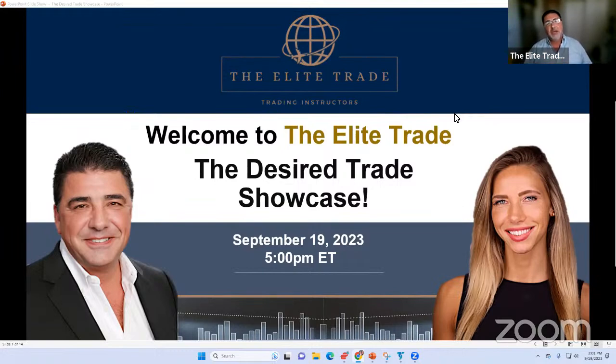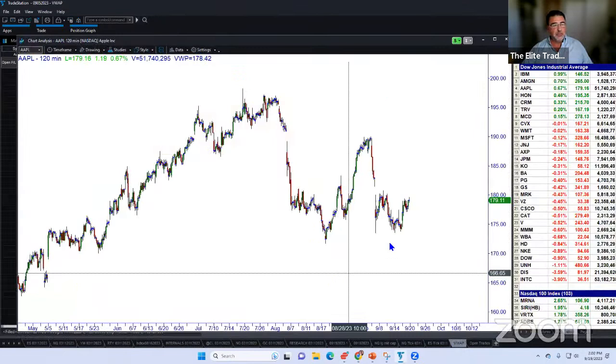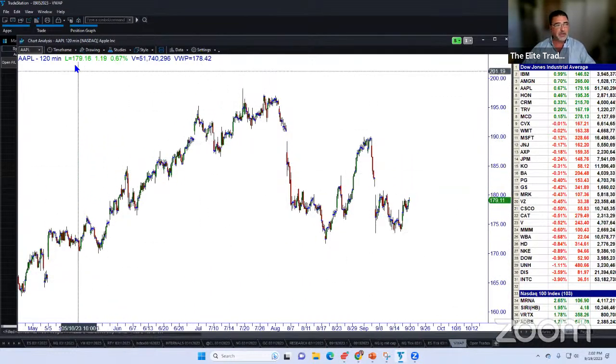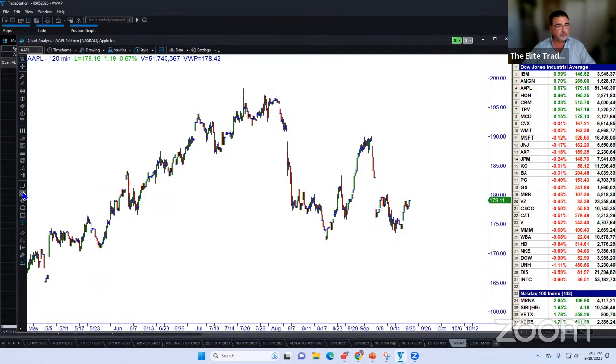Now, to understand what the desired trade is, let's take a look at some charts. I'll pull one up at a glance here. When we're looking at charts, we say, oh wow, I wish I would have taken a short trade right there, or I wish I would have taken a trade long down here, or even down here, a nice uptrend.